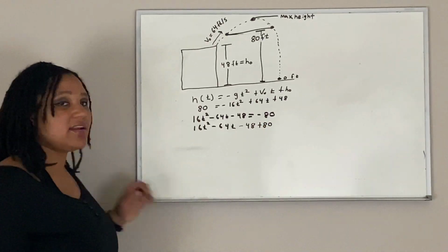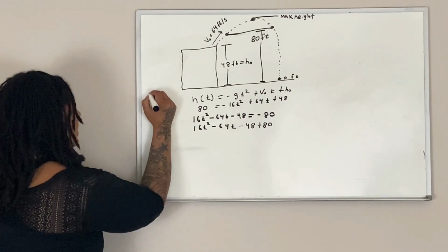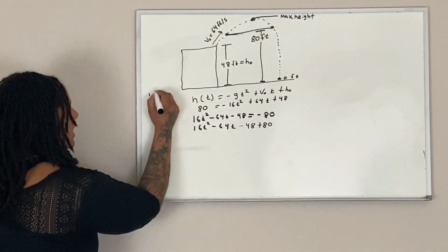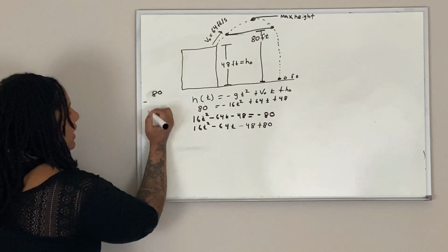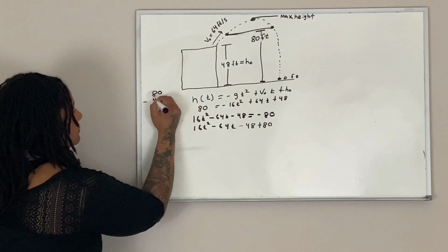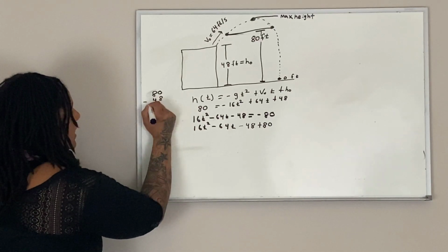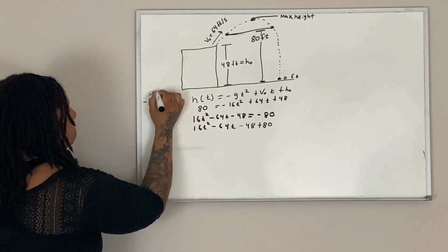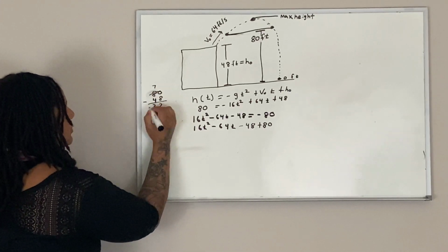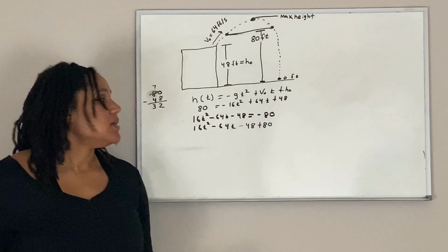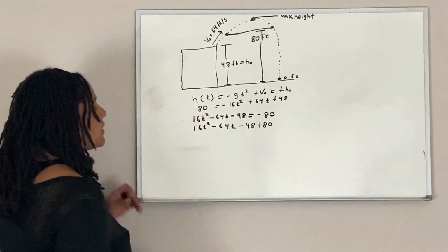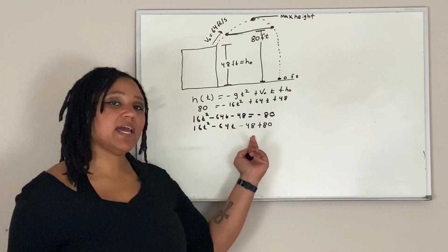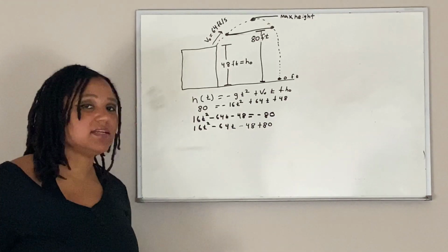Well, what is negative 48 plus 80? So if I come out to the side and subtract 80 minus 48, 32. Okay, so negative 48 plus an 80 is a positive 32.